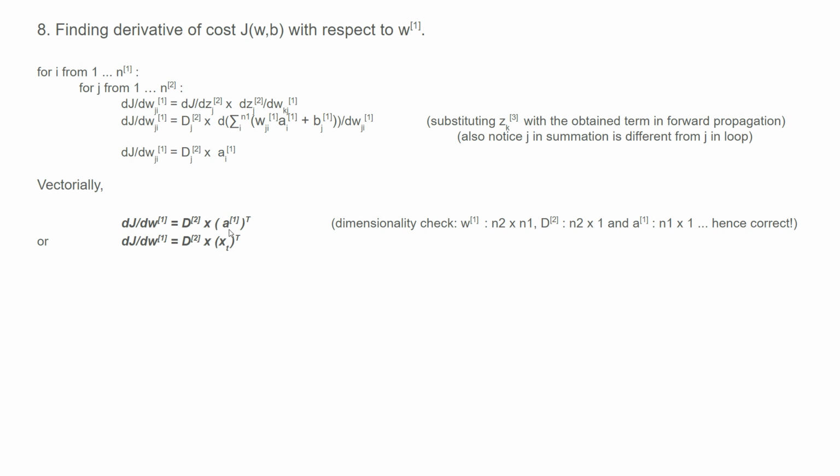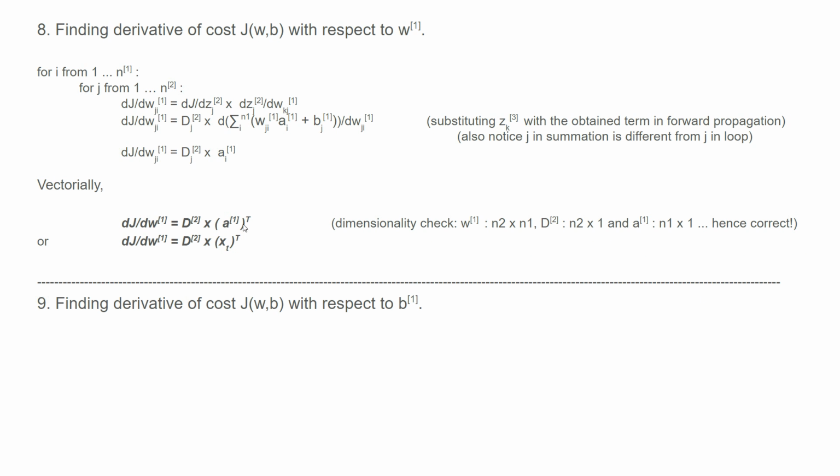D2 cross a1 transpose will be n2 cross 1 into 1 cross n1. That will be n2 cross n1, and that's the same as the dimension of W1. Also, a1 is xt, that is our input.